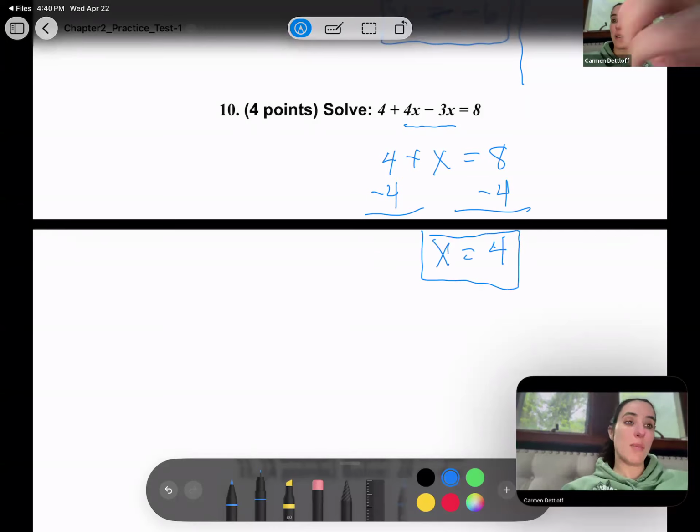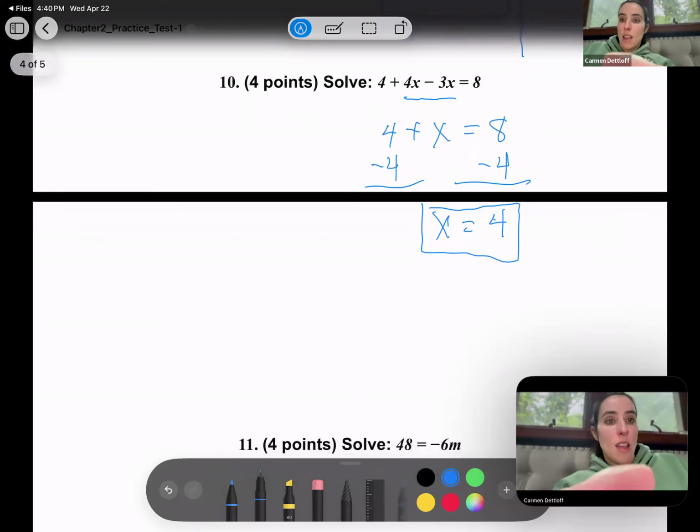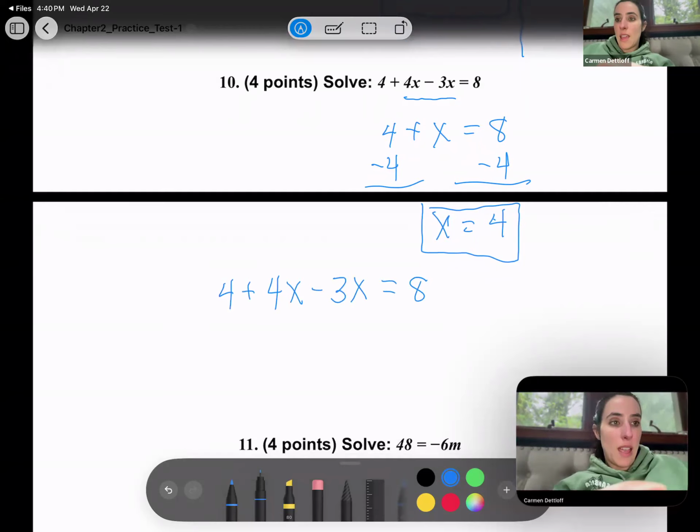Okay, and then we can check it by plugging it back into our original equation. I have 4 plus 4x minus 3x equals 8. And I'm going to plug 4 back in and make sure that that's right. 4 plus 4 times 4 minus 3 times 4 equals 8.